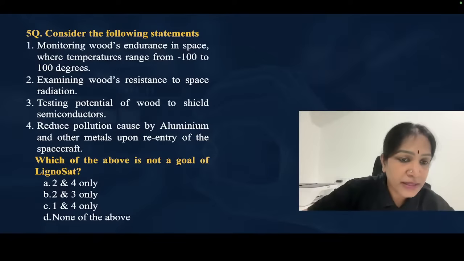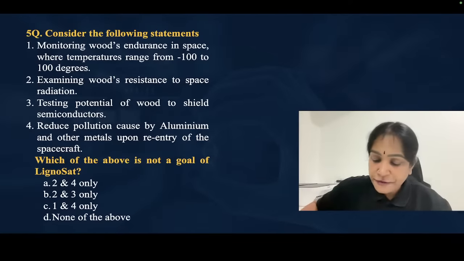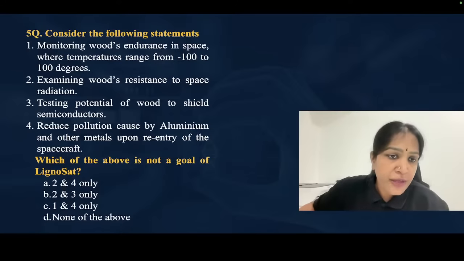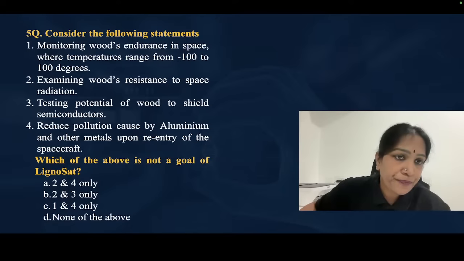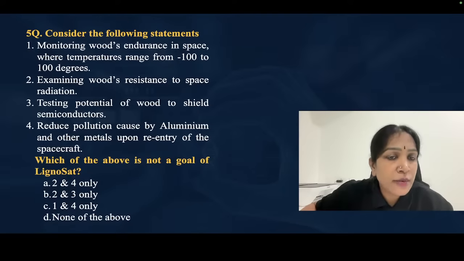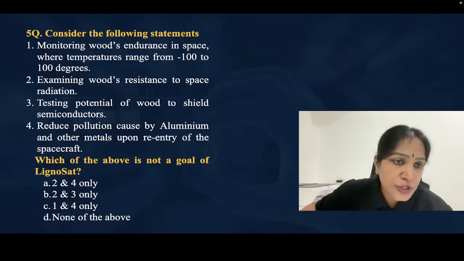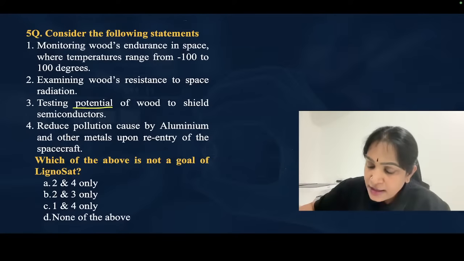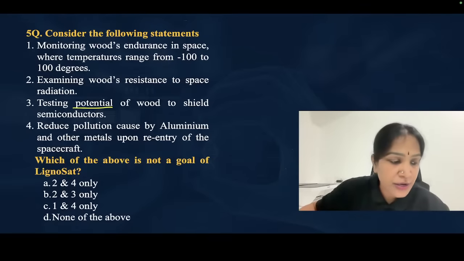Yes? Now, do the fifth question. Consider the following statements. Which of the above is not a goal of Lignosat? Monitoring wood's endurance in space, wood's resistance to space radiation, testing the potential of the wood to shield the semiconductor, potential means capacity, reduce the pollution caused by aluminum and other metals upon re-entry of the spacecraft.